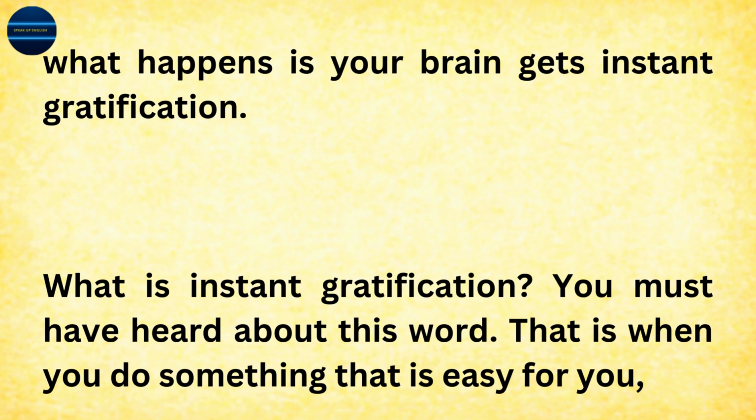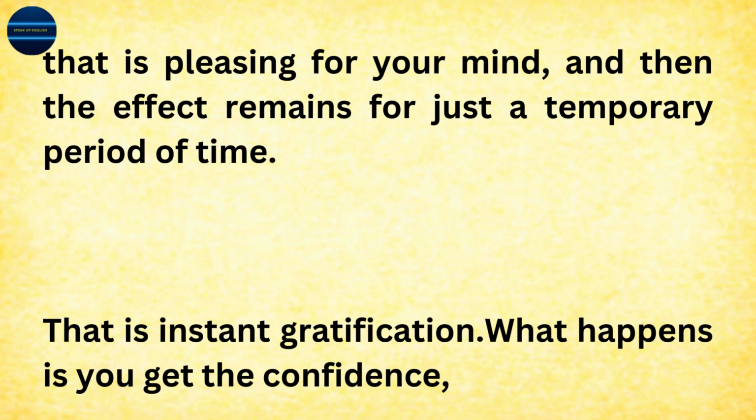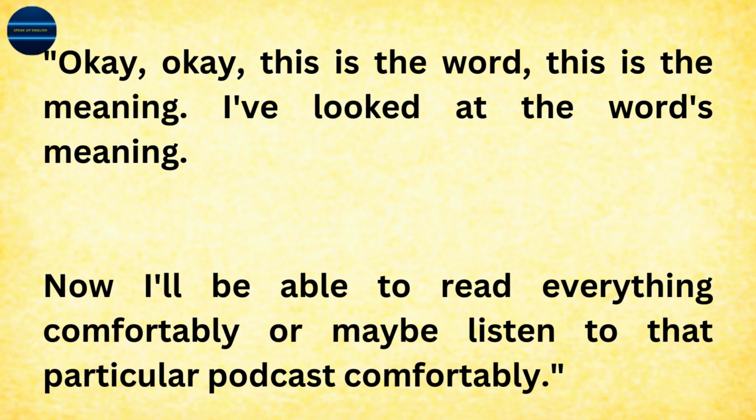You must have heard about this word. That is when you do something that is easy for you, that is pleasing for your mind, and then the effect remains for just a temporary period of time. That is instant gratification.